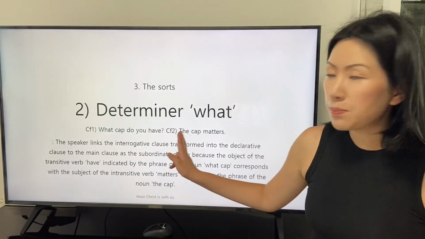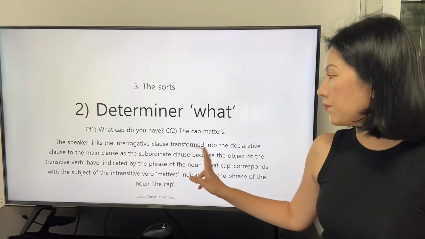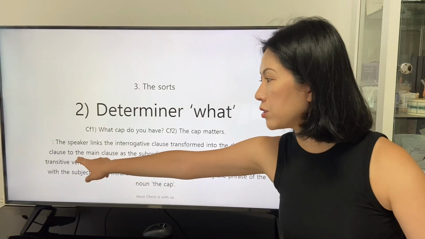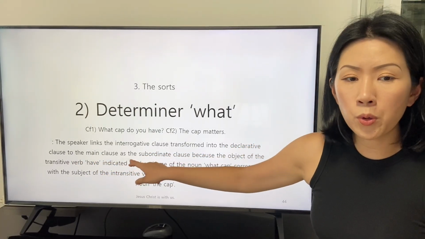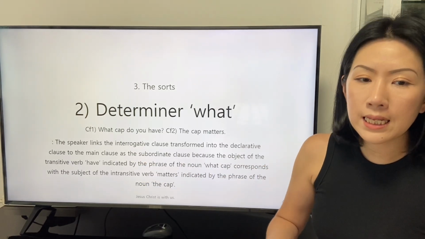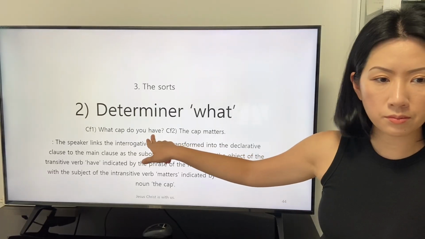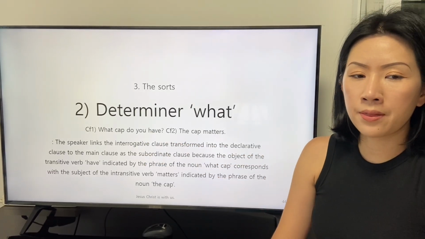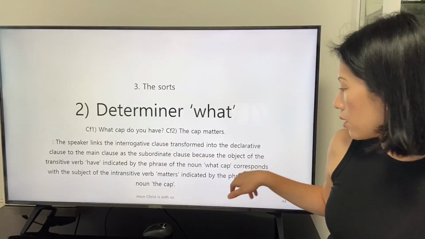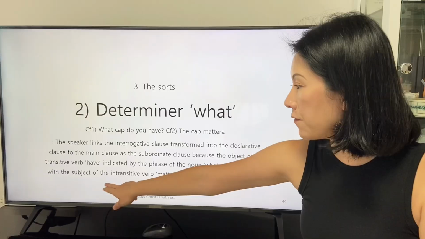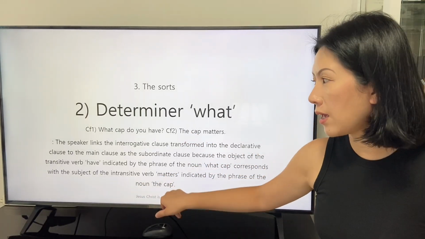Let's read the explanation together. The speaker links the interrogative clause transformed into the declarative clause to the main clause as the subordinate clause, because the object of the transitive verb have, indicated by the phrase of the noun what cap, corresponds with the subject of the intransitive verb matters, the cap, indicated by the phrase of the noun the cap.